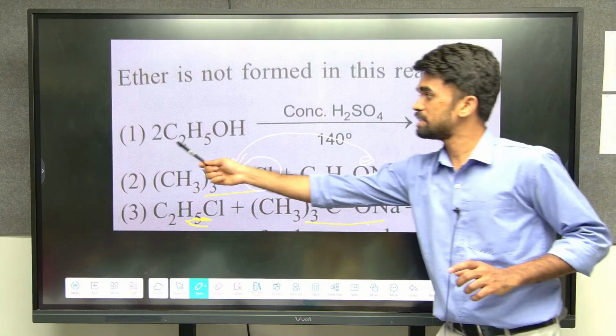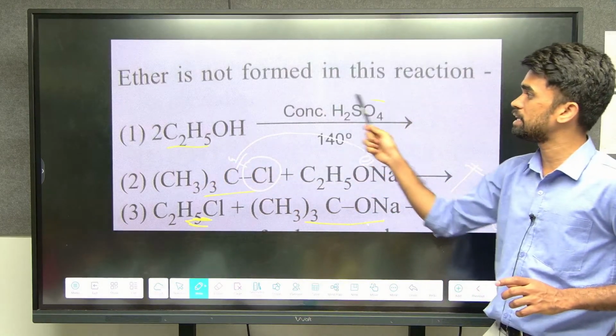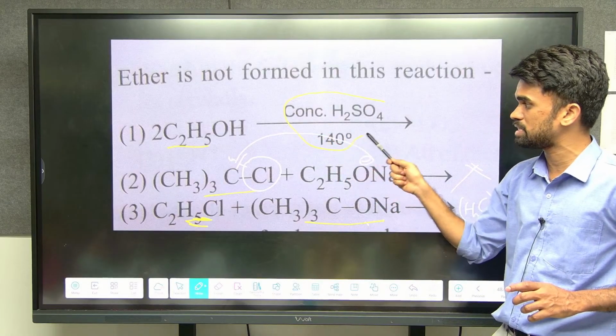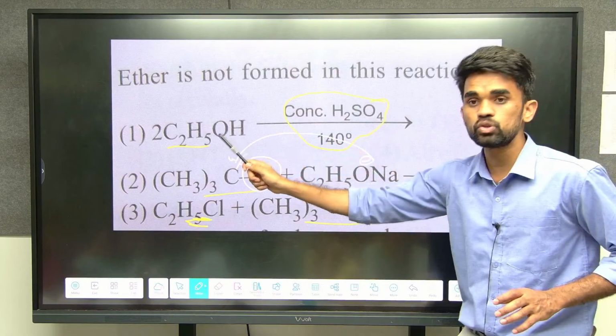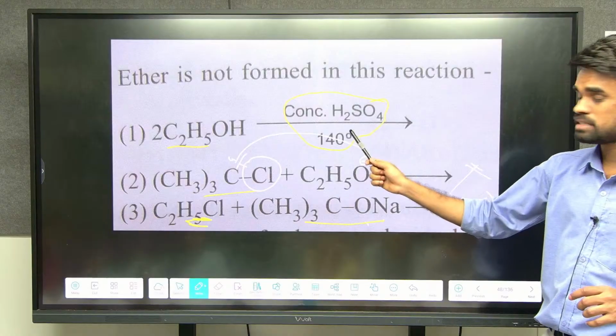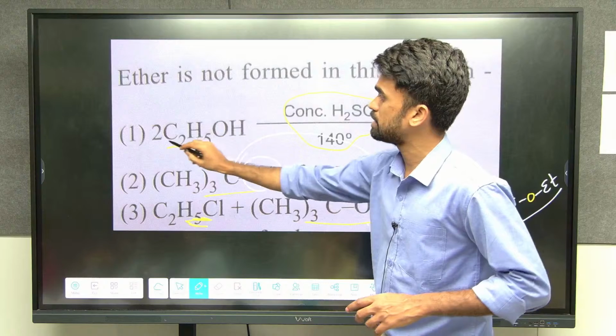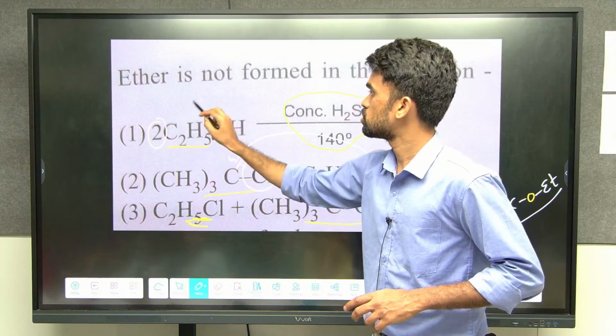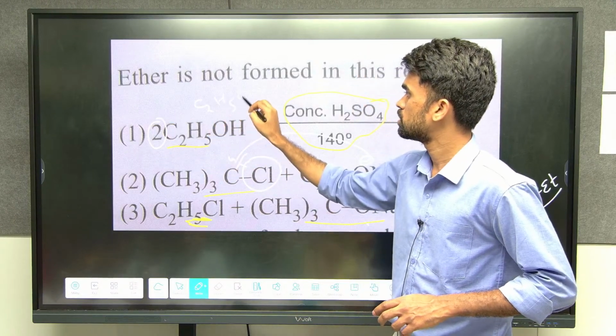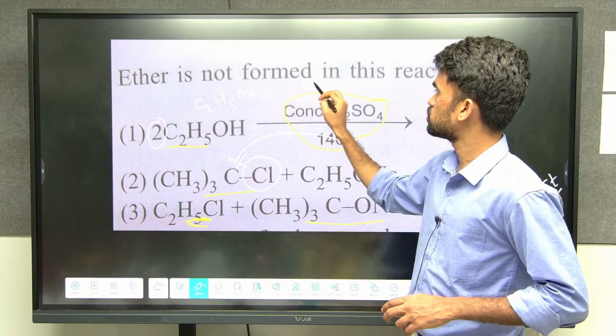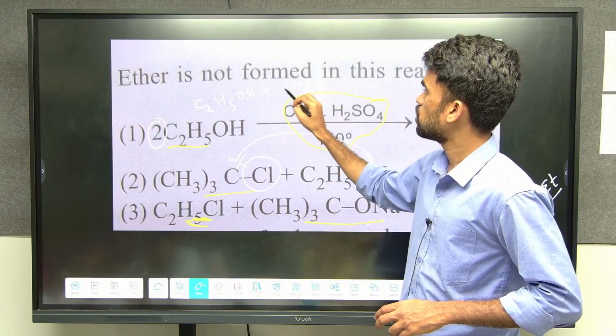Again remember, ethyl alcohol upon heating with sulfuric acid at what temperature? 140 degrees gives you ether. At what degrees? 140 degrees. Temperature is also important. How many ethyl alcohols are we taking? 2. So C2H5OH plus C2H5OH.